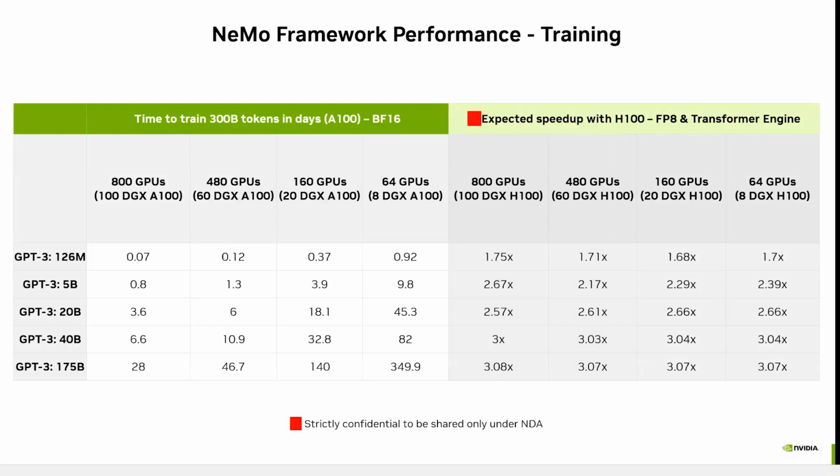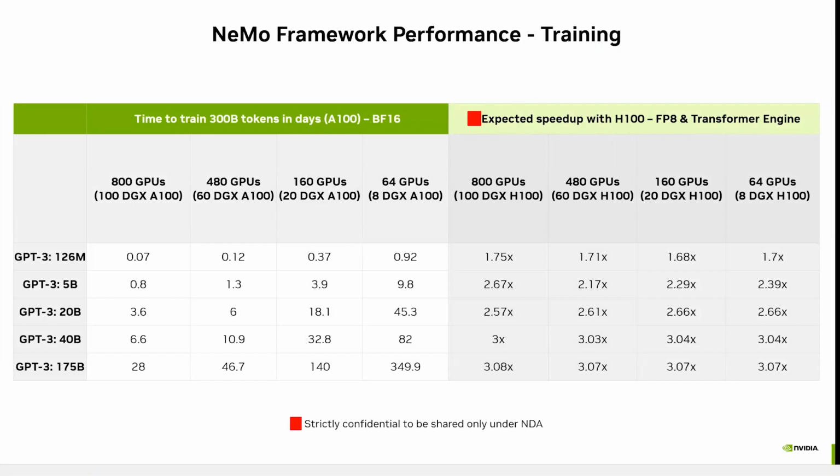Now, let's talk about what it takes to build those models and fine-tune those models. So for example, GPT-3, that is a 175 billion parameter model, which has many variants, right?